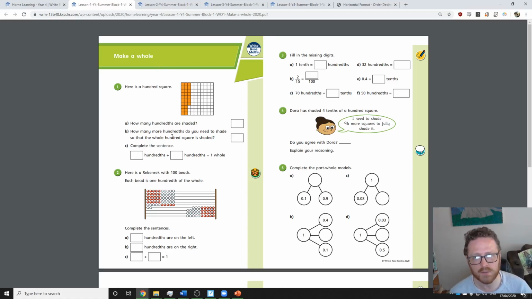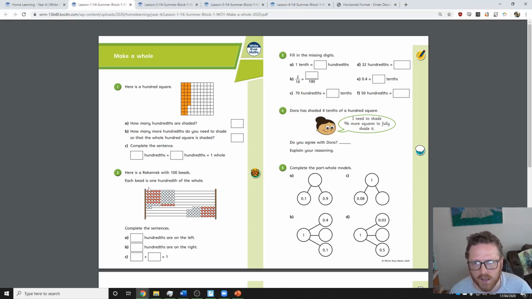Okay, so there's questions here about how many hundredths are shaded, how many more do you need to shade, and then you've got a sentence here. Complete the sentence: something hundredths plus something hundredths is one whole. So you've got this many hundredths, you add this many hundredths, and you end up with 100 hundredths, which is one whole.